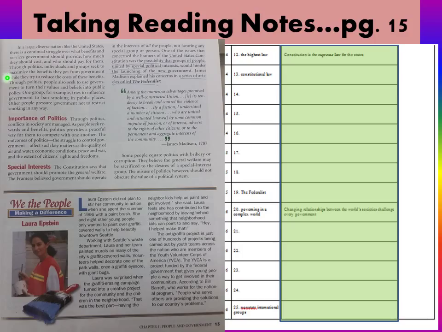So for number 16, you could change that to your own words and say people maximize benefits, reduce costs. So maximize benefits, reduce costs of benefits is what individual people try to do in the government. That's number 16. That is people seeking government benefits. Okay, moving on. Number 17. It should be importance of politics.